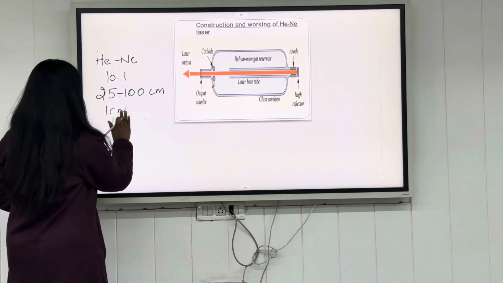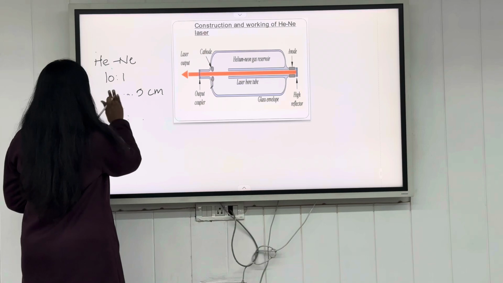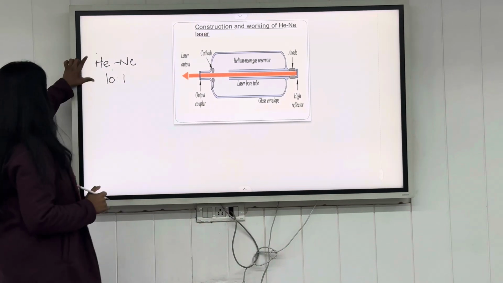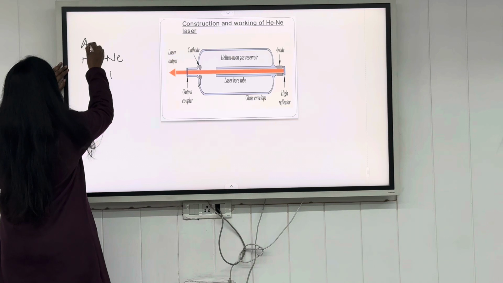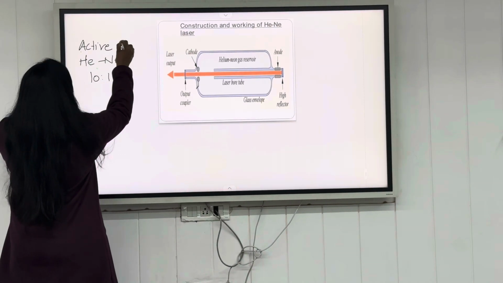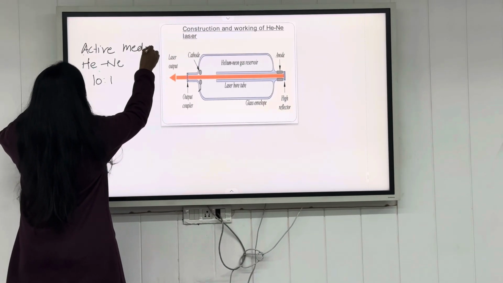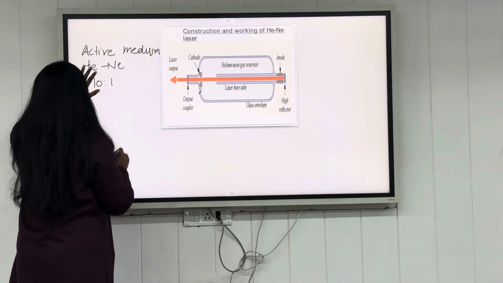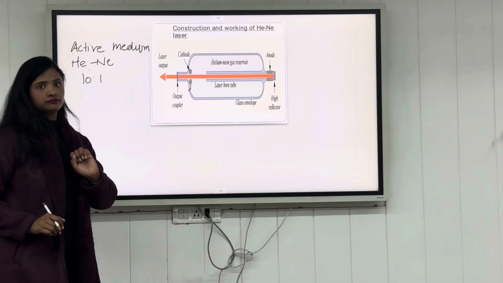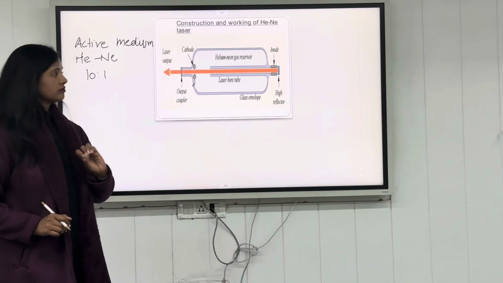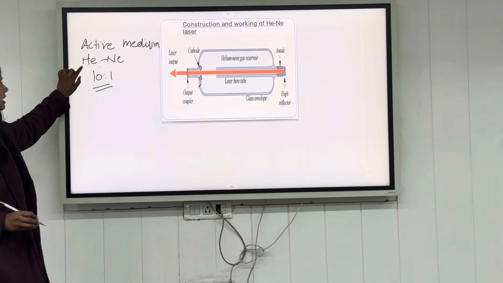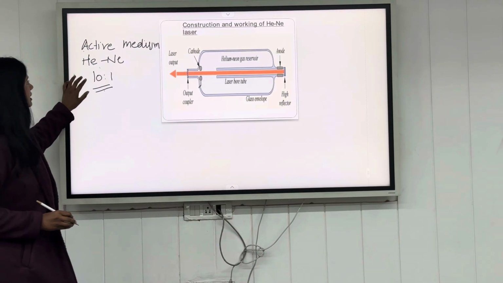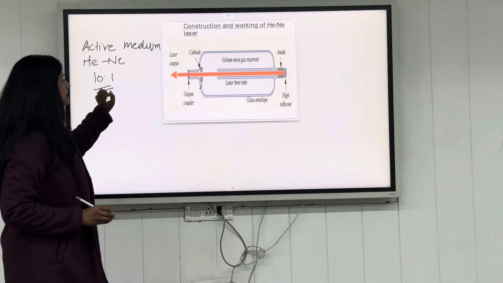This is the active medium also. And we have taken that helium and neon in 10:1 ratio.